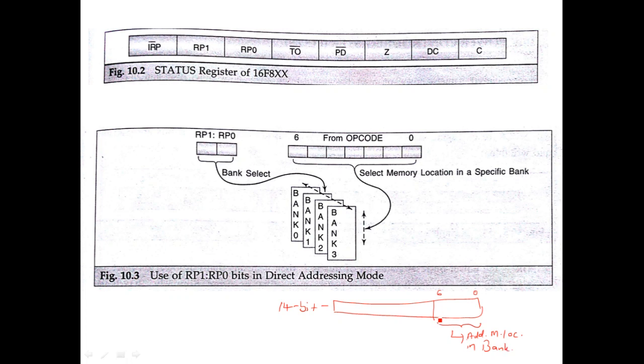Okay, so that's how this 7-bit address is obtained from the opcode of that instruction, as is said here.